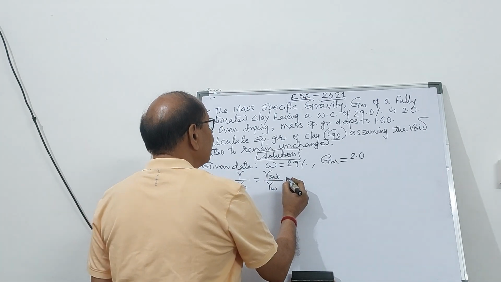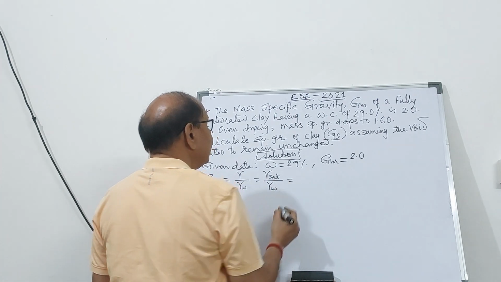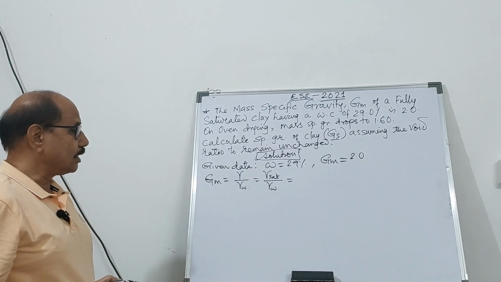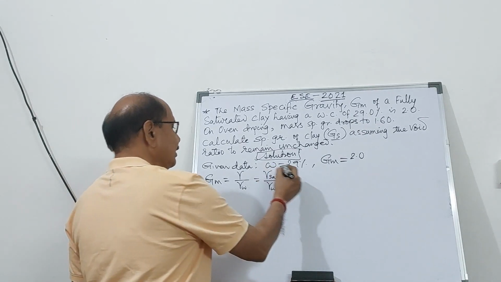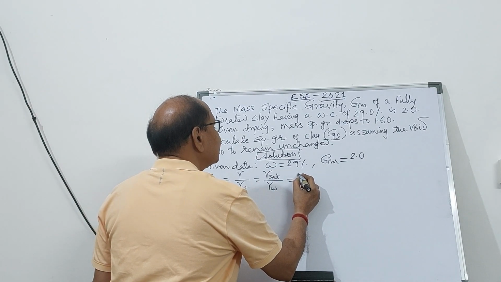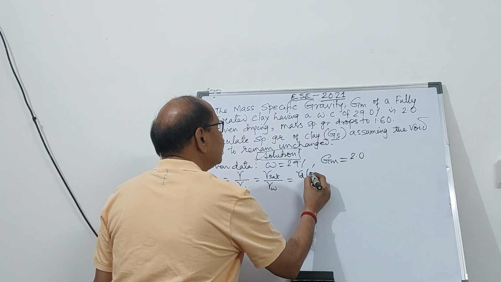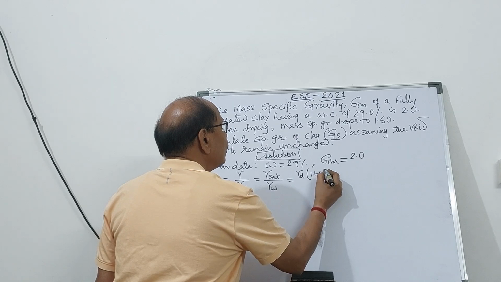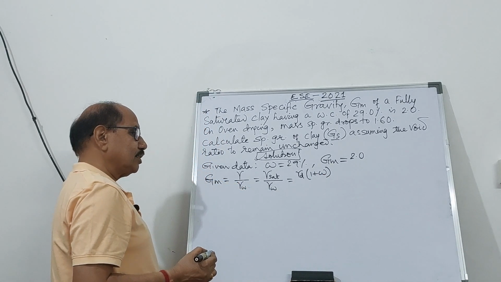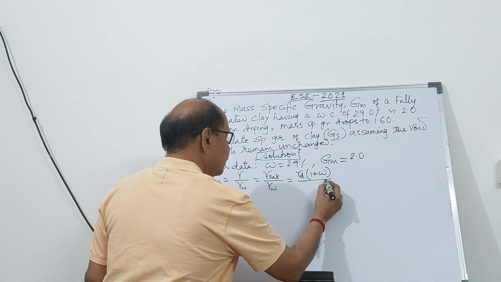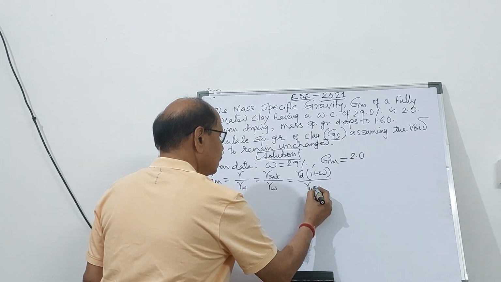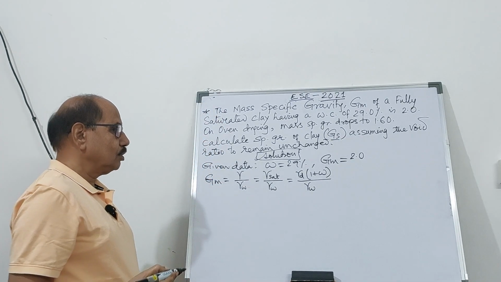The relationship between gamma saturated and gamma d, with moisture content known, is gamma d times (1 plus w) divided by gamma w.